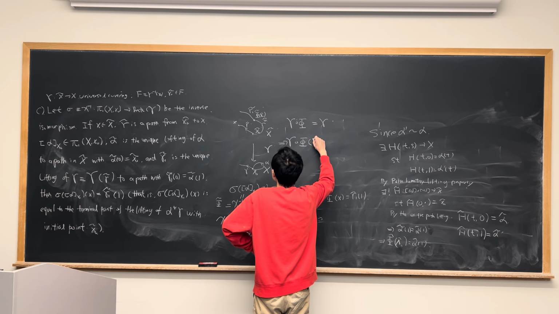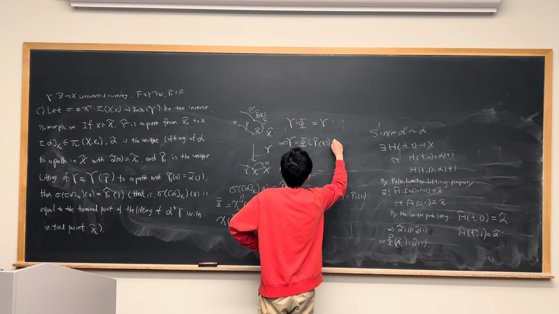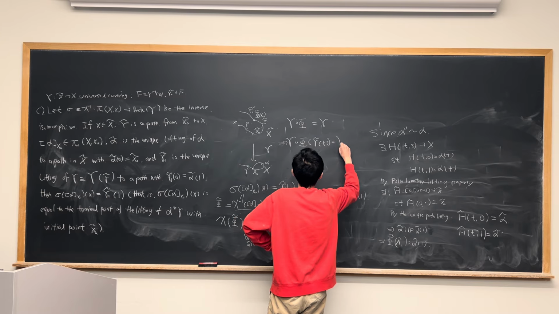So of this gamma of, let's say t, gamma tilde t should be equal to the gamma of this gamma tilde t.